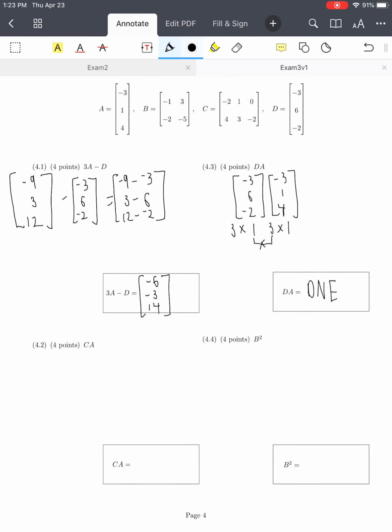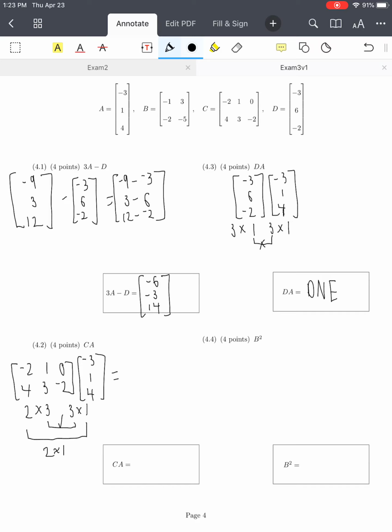Okay, then C times A, -2, 1, 0, 4, 3, -2, times -3, 1, 4. So this is a 2 by 3 times 3 by 1. So since these two are equal, then the result will be a 2 by 1 matrix. So to multiply, we multiply the entries of the row with the entries of the column.